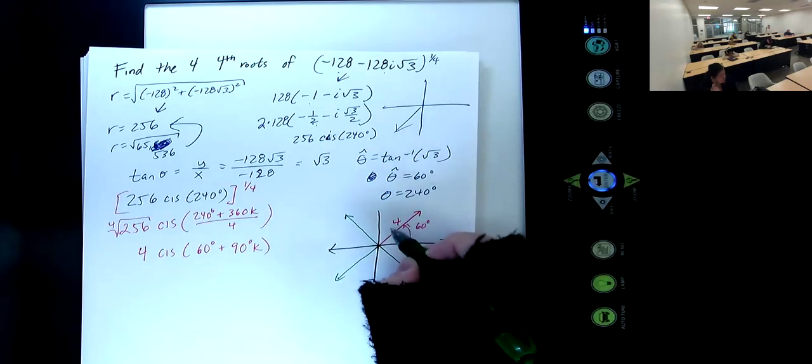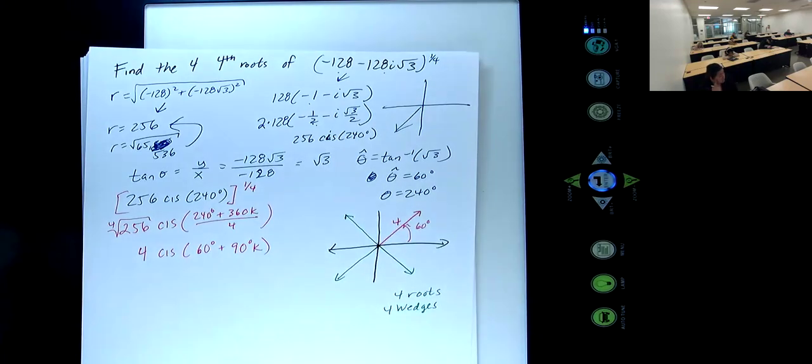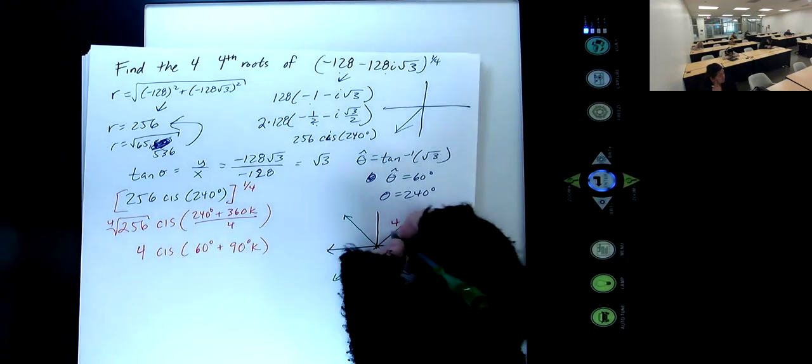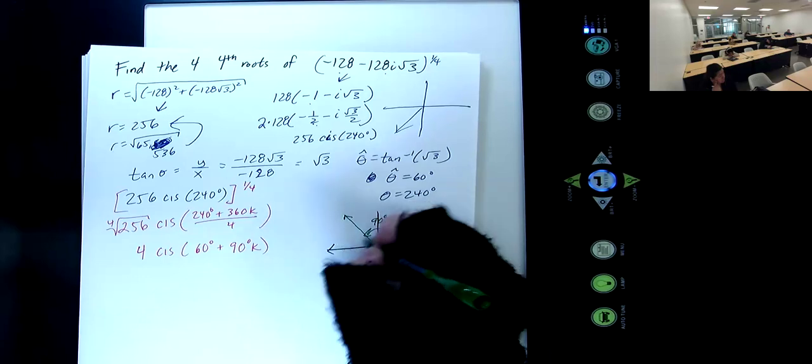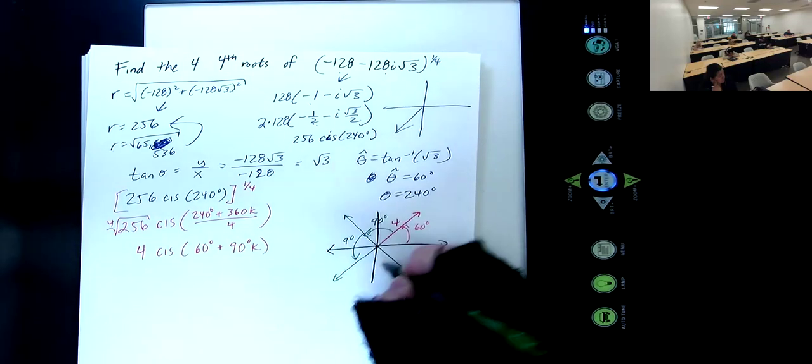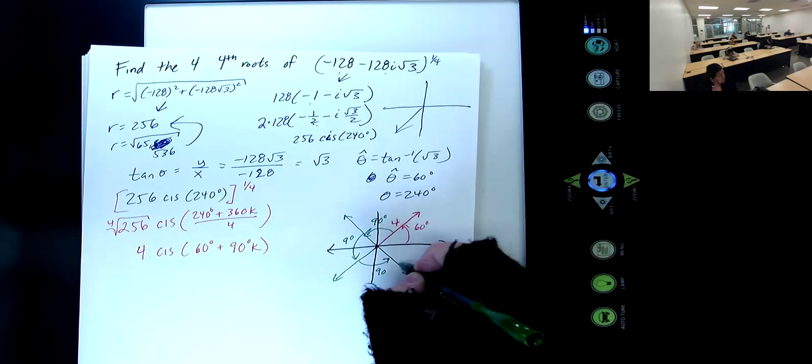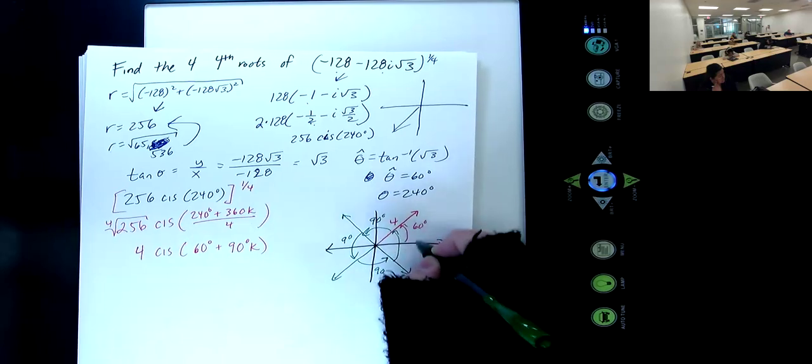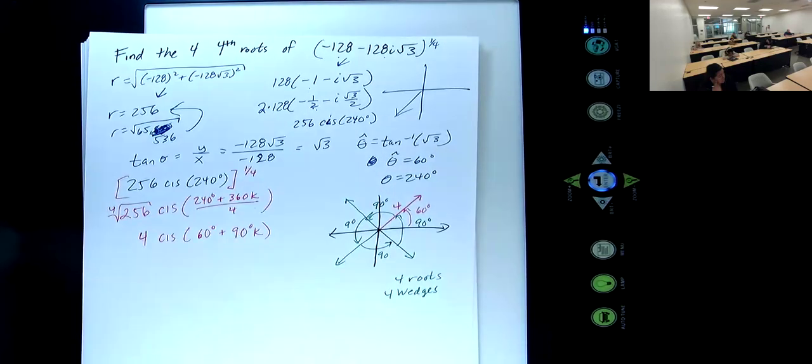I don't know if I cut it into 4s very well. Each one of these should be rotated 90 degrees. That's cutting the 360 into 4.